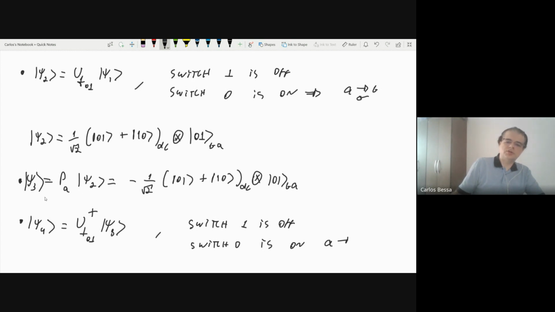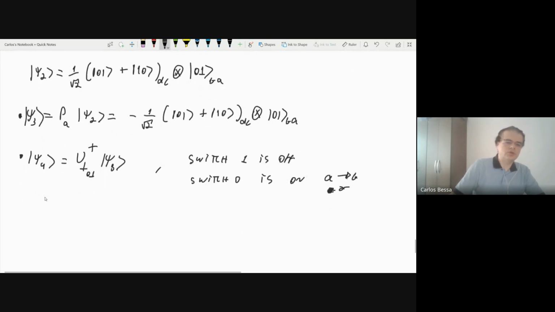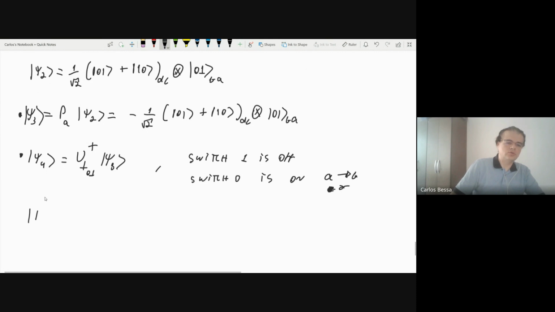So again, we just change A for B. So the only thing the switch does, psi 4, is switch again these guys. So the minus 1 over square root of 2, 0, 1 plus 1, 0, DC, 1, 0, BA.